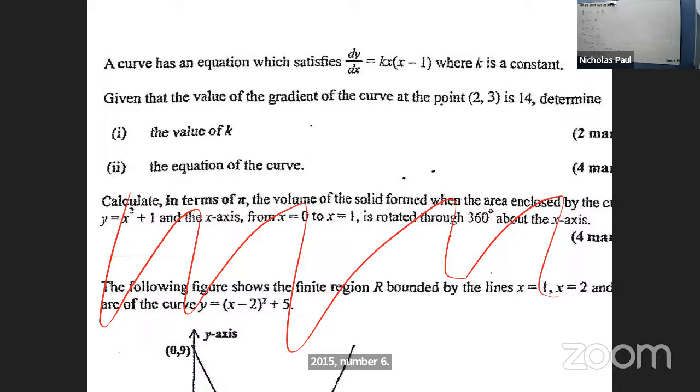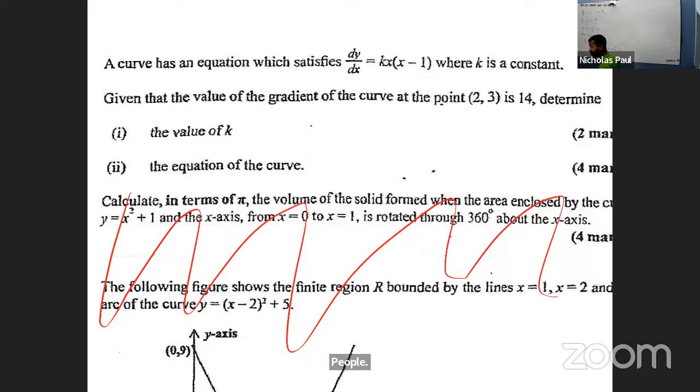All right. So while you're writing, what's the problem with that dy/dx? It has what in it? A k. So we need to find k before we can go ahead and integrate, right? So you have to figure out how we are going to get k. They gave you some information. dy/dx is kx times the bracket x minus 1.